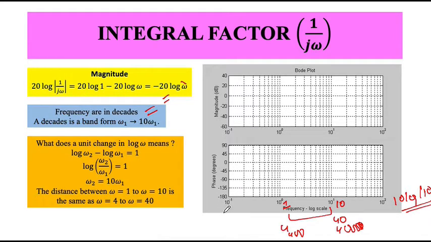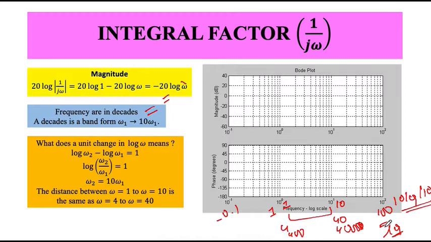So it will be like this: 0.1, 1, 10, 100, like that. The distance between omega 2 and omega 1 is also measured in log scale this way, right? This is what we need to be careful of. This is the only important thing here.